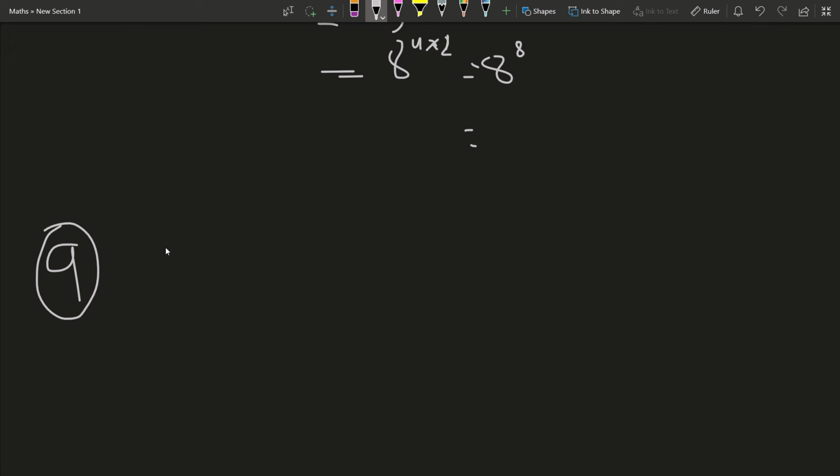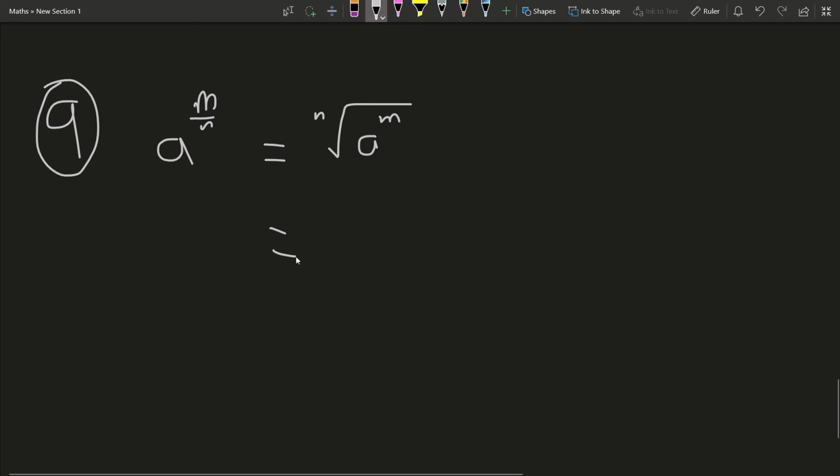If you have a power which is a fraction, you can write it down like this as well. So the numerator is the power, and then your denominator is the root.